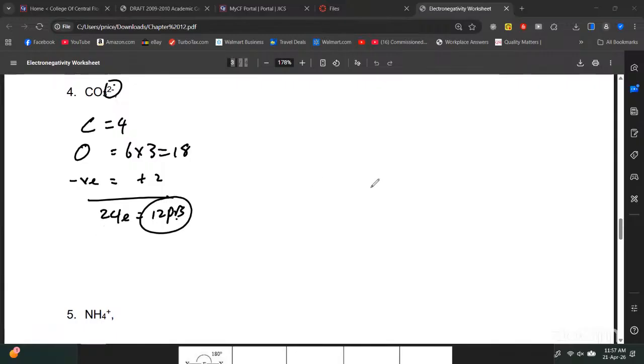Now that we know the number of electron pairs that we need to be working with, what's the next step? You put carbon in the middle and surround it with the oxygens, all right? And then what? Bonding pairs, 1, 2, 3.